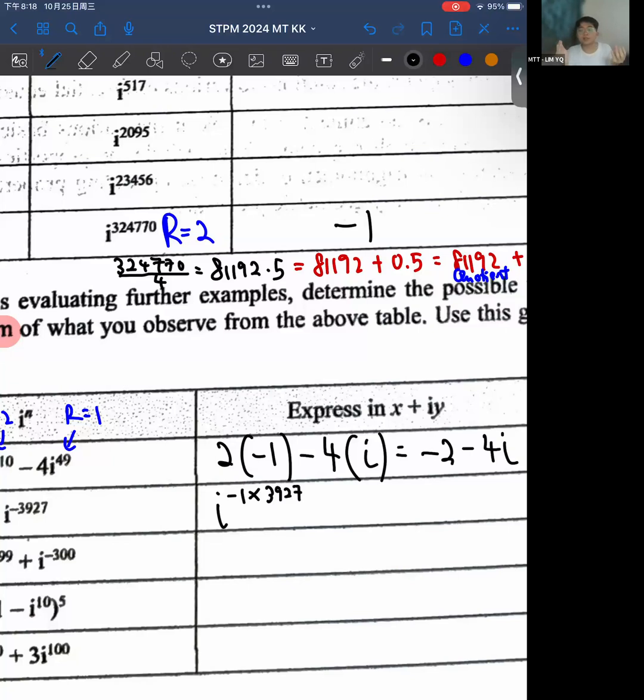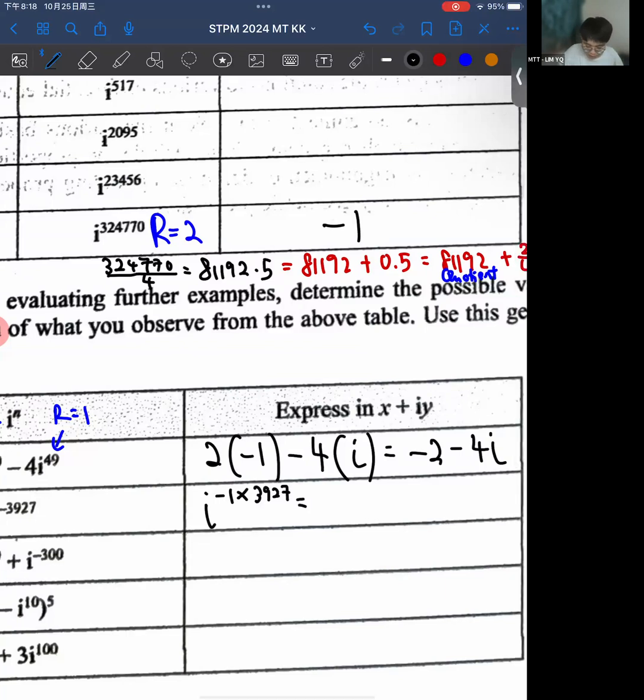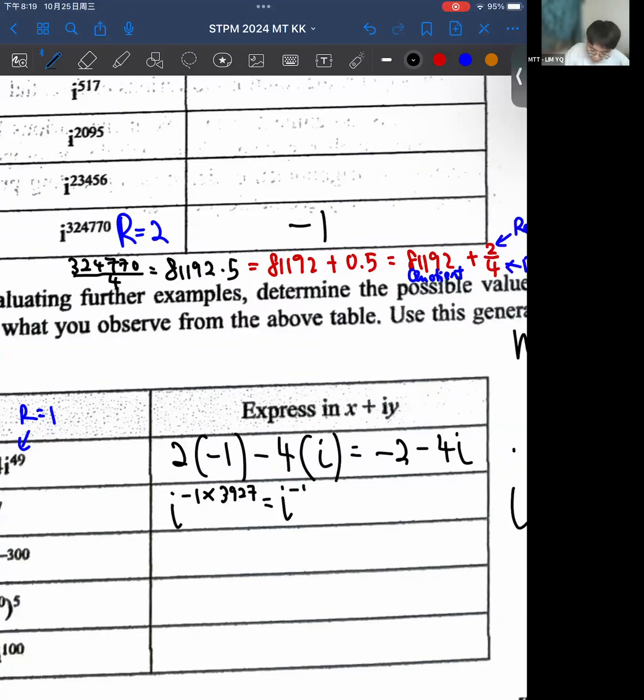So by using the index law, let me finish this one first. So i power -1 multiplied by i^3927. This one is by index law. Now what is the result?